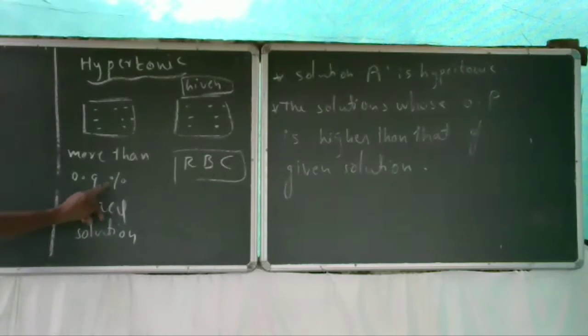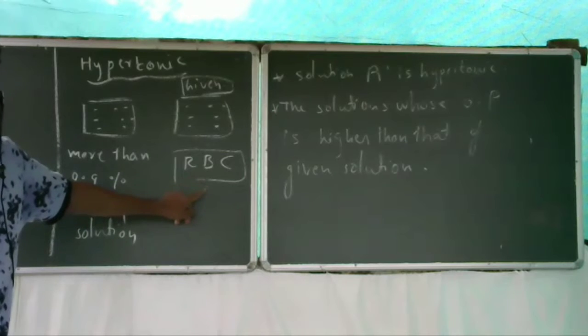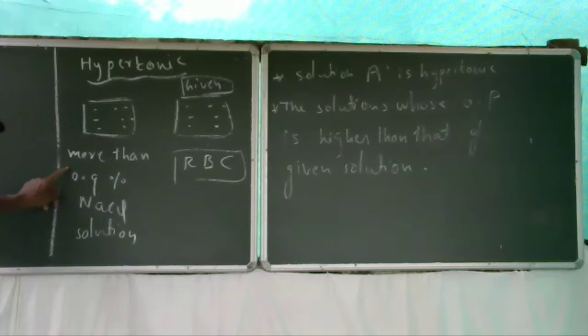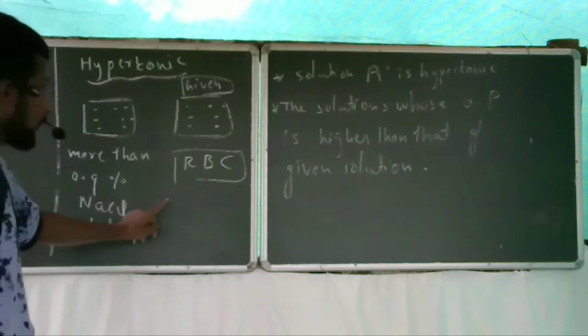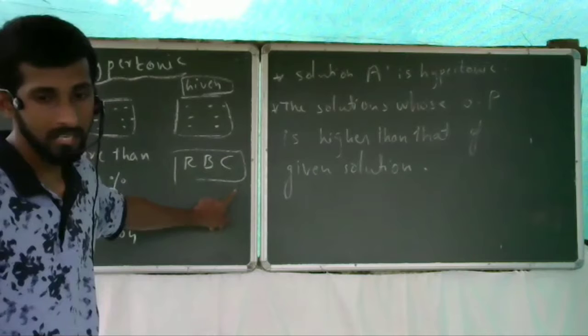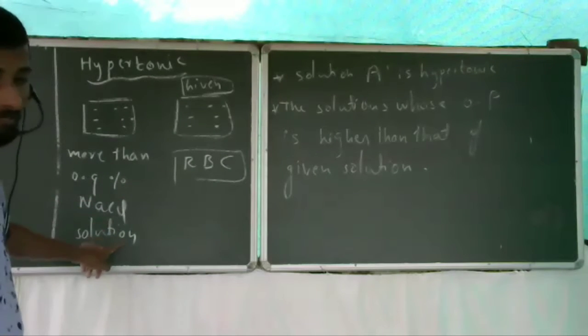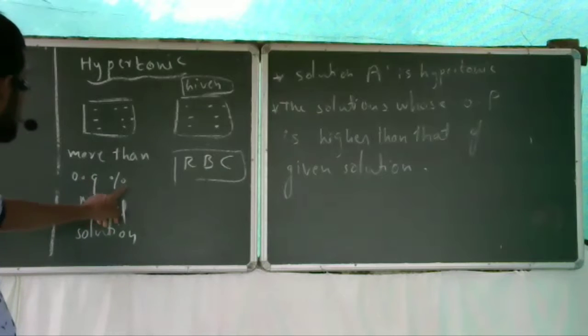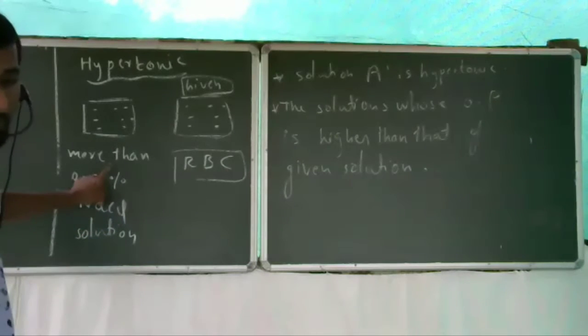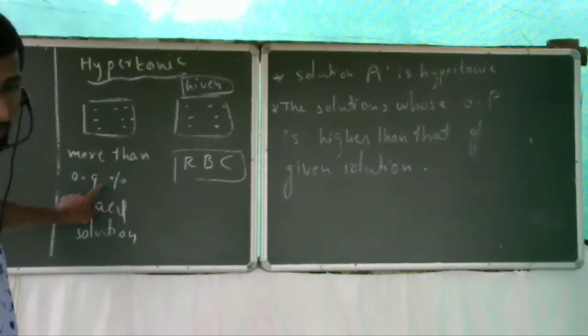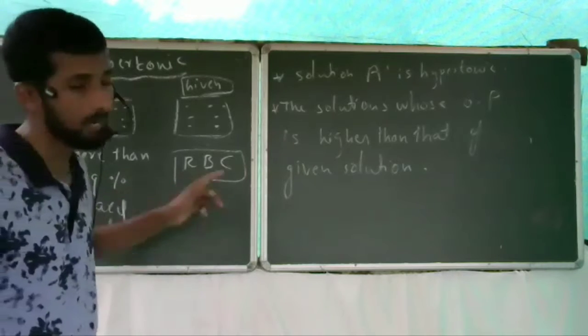So here, more than 0.9% NaCl is hypertonic with the RBC. Its osmotic pressure is more than that of the RBC.